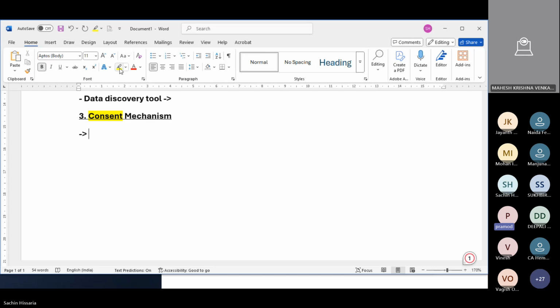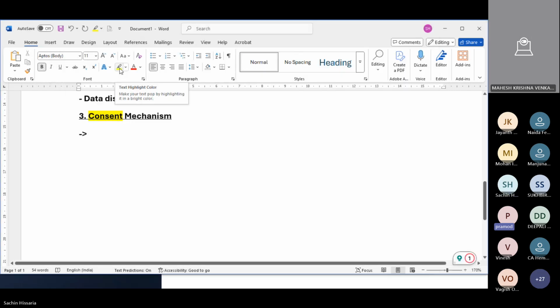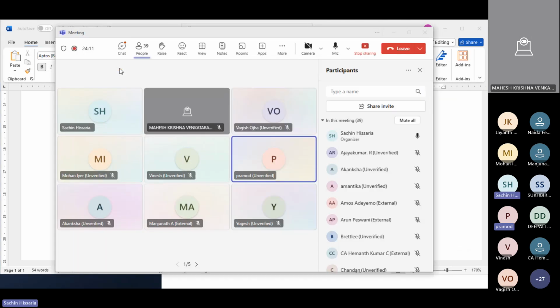So you have to take the consent of the end user whose data you are collecting. You need to tell the purpose, for what reason you are collecting and for how long you will be collecting. In some cases, even when you are accessing any website, there is a cookie management system. They need to tell what all cookies they are storing, right?